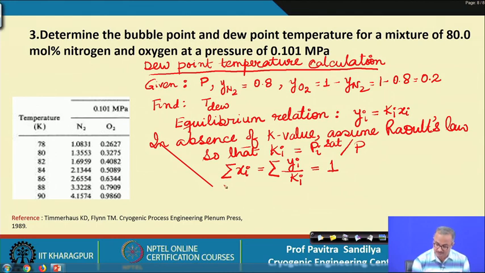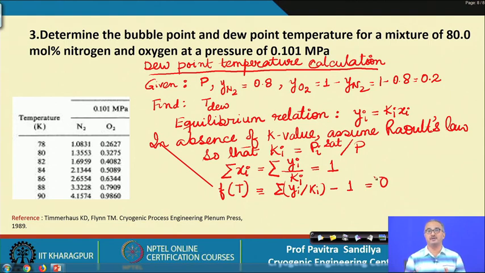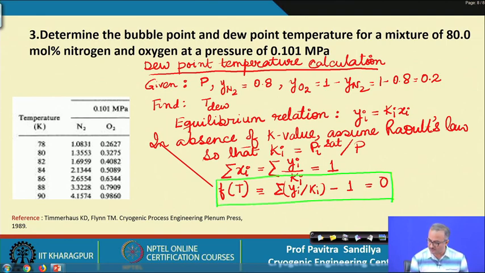And now we shall be defining a function, say F, which is a function of temperature. This we can define as summation yi by Ki minus 1 equal to 0. So, this is the equation we have to solve to get the value of the temperature.